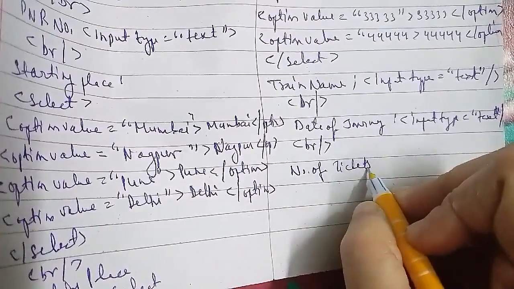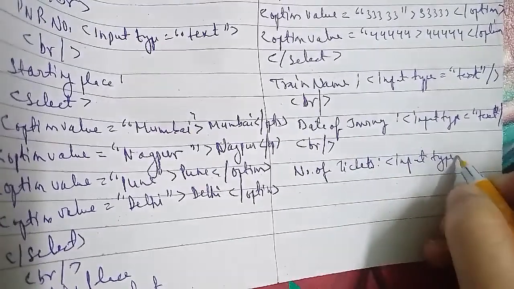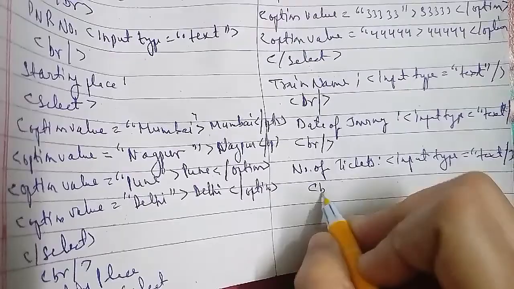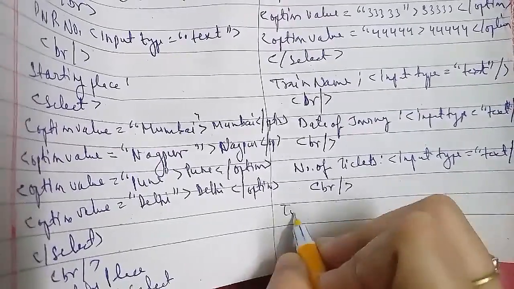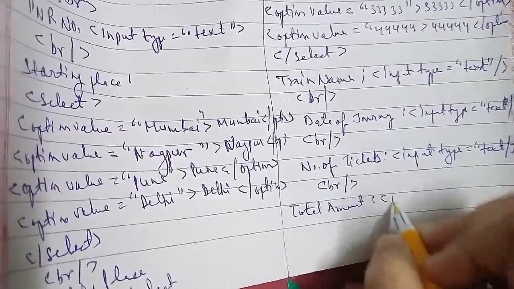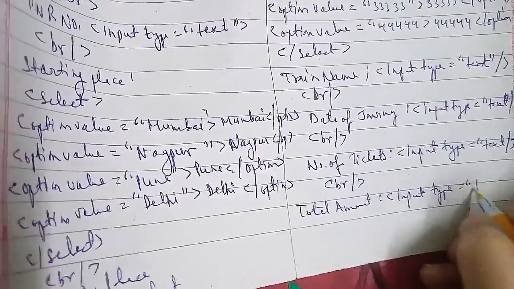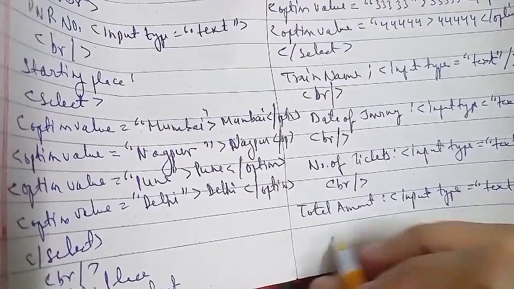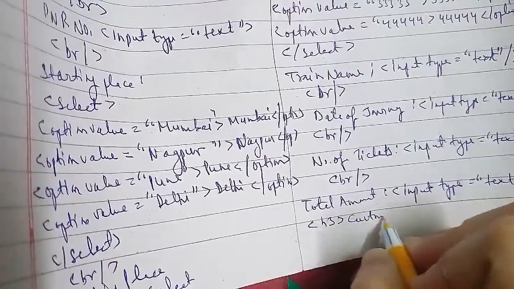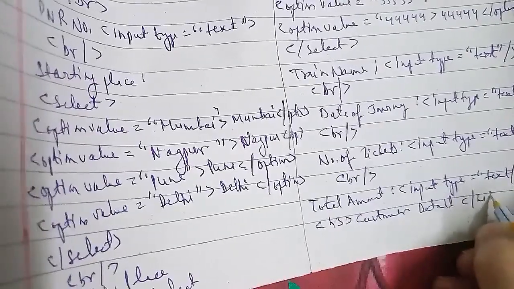Now coming to the other information regarding the customer, the address, input type equals to text, closing tag. Then after that phone, input type, then we close.